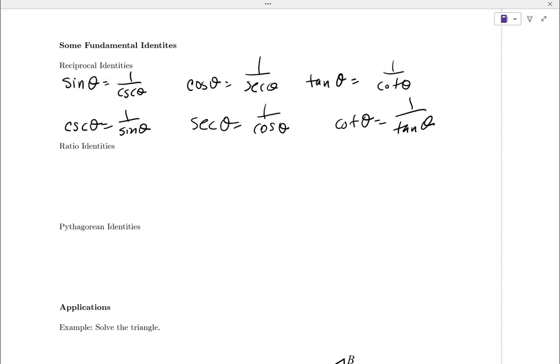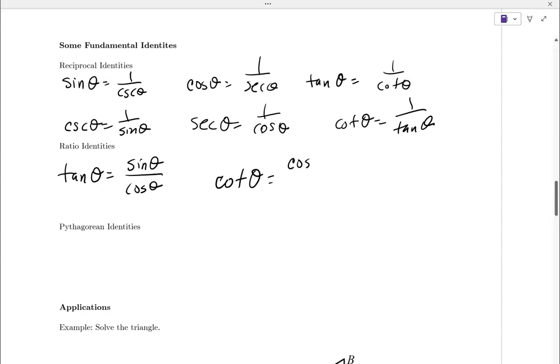All right. Ratio identities, that was one I just mentioned a minute ago. We said that tangent is the same thing as sine over cosine. Because again, if I take those ratios and I divide the sine by the cosine, the hypotenuse will cancel out. And we end up with opposite over adjacent. The other ratio identity that we're interested in is for cotangent. If tangent is sine over cosine, then what's cotangent?